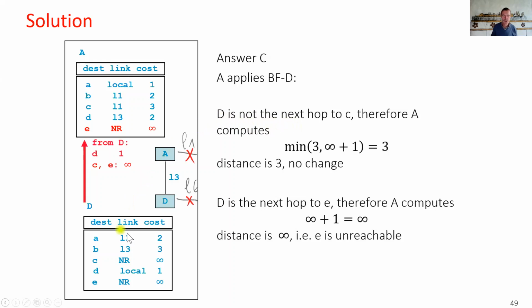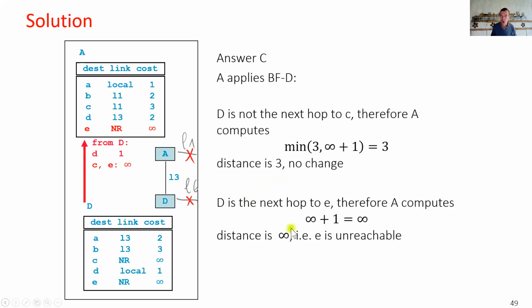So A receives from D information that C and E are at an infinite distance. D was not the next hop for C, therefore there is no change. A had another path that went through interface L1 that has a distance of 3, so it will keep it. So A will not know that C is unreachable in this state.